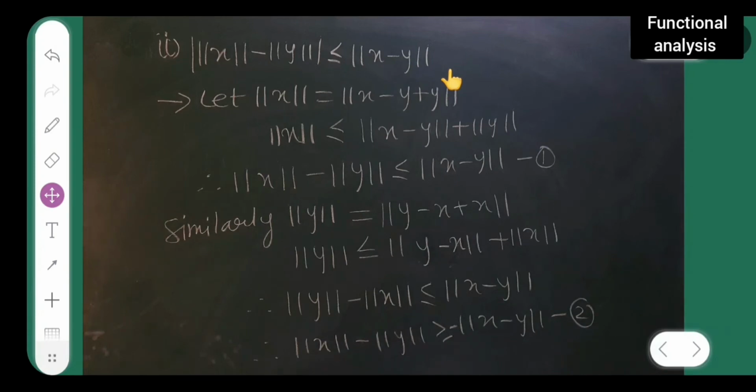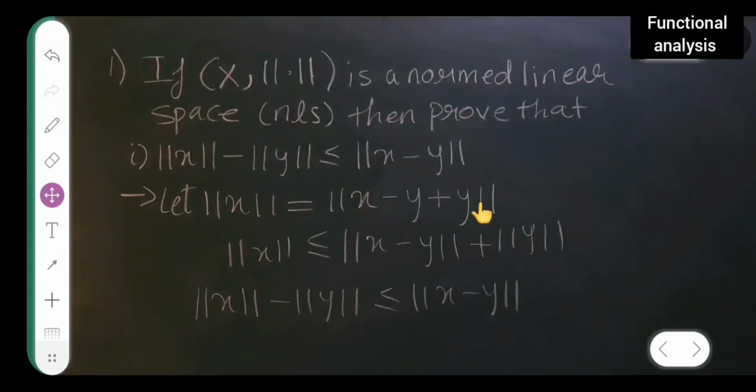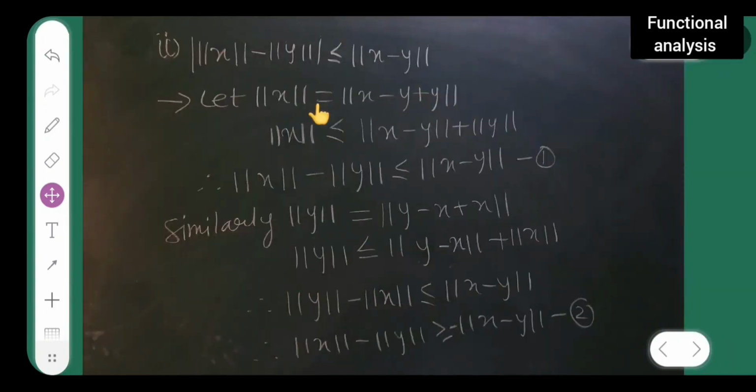Now what I'll do is, let ||x|| = ||x − y + y||, similar to how I have written it for the first one. If it gets cancelled, again you will get ||x||. So now ||x|| is less than or equal to, because I'm separating the norms now, ||x − y|| + ||y||.